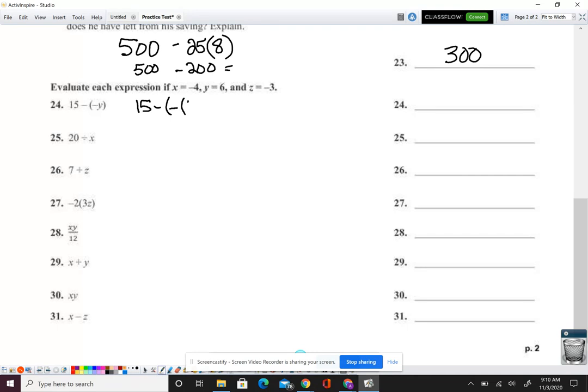The y is 6. So it's 15 minus a minus 6. Now I put the 6 in parentheses just to show that that's what I'm substituting for the y. Everything else was in the problem already. So then my next step would just show that it's 15 plus 6 for 21 for an answer.